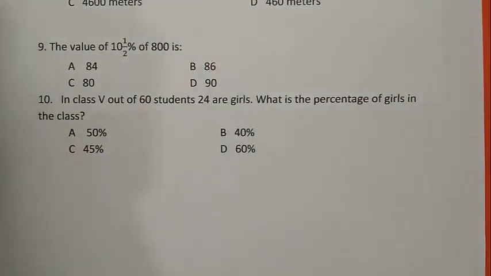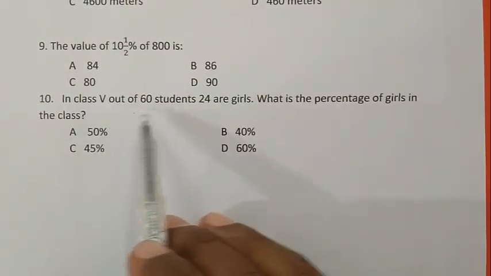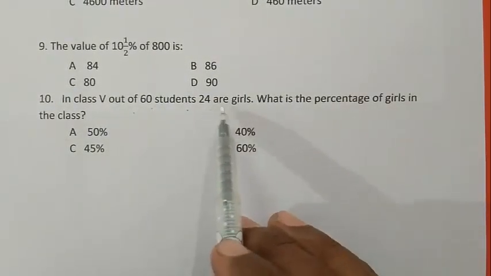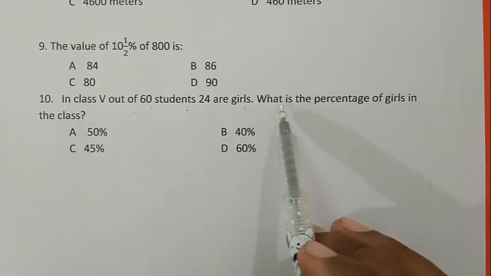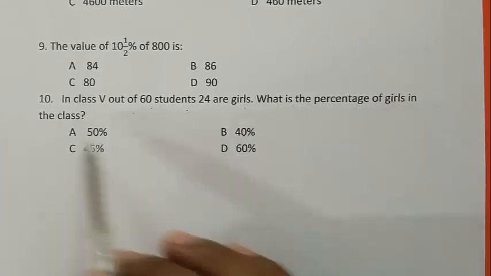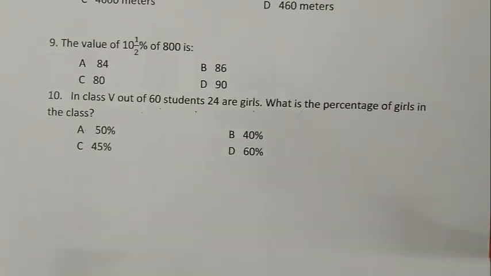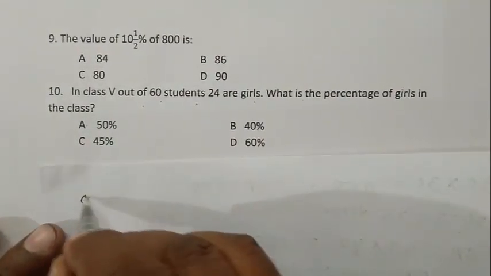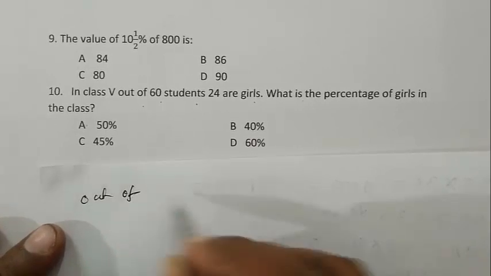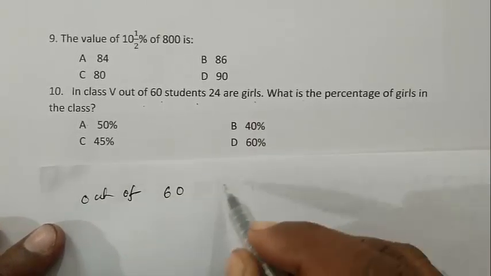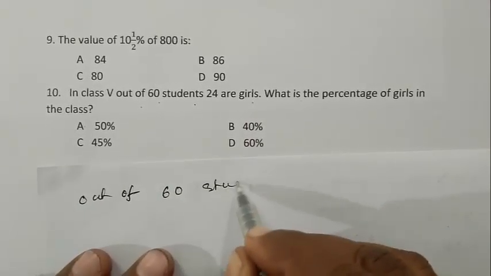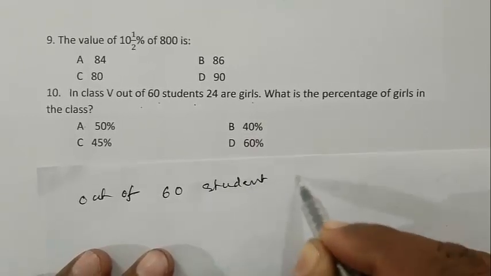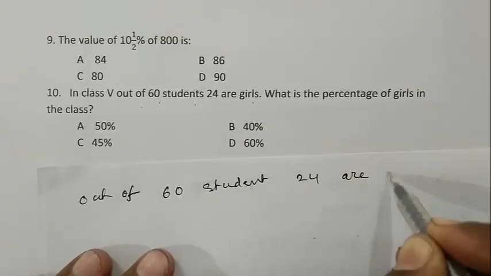Question number 10. In class 5, out of 60 students, 24 are girls. What is the percentage of girls in the class? Simply we calculate it in unitary method. Out of 60 students, 24 are girls.